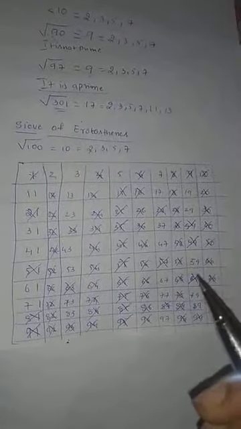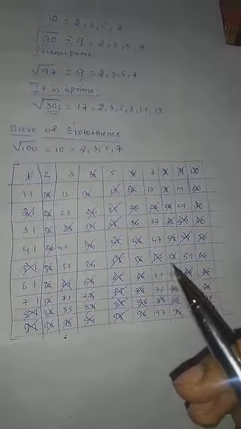With this, you just select all the values which have not been struck out.